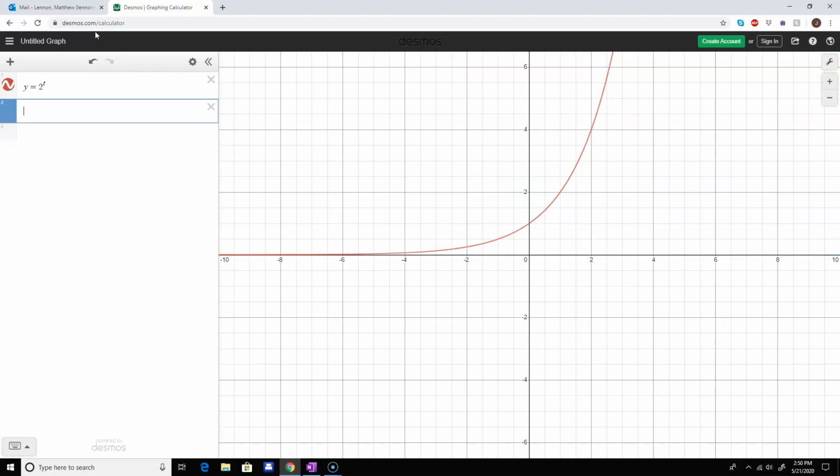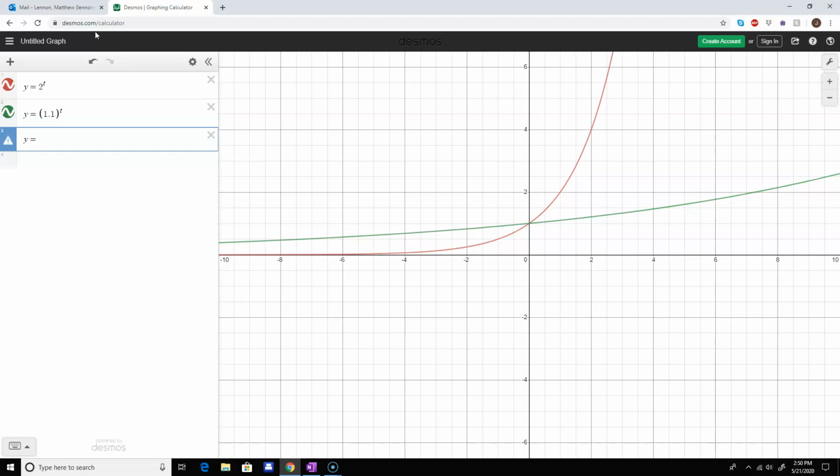So let's say you had a base bigger than 1 but still smaller than 2, so what would happen then? Let's say we did 1.1 and we raise that to the t power. Then we get something much, much flatter. And if we did something bigger than 2, but still exponential growth, say 3 to the t, we get something that's much steeper.